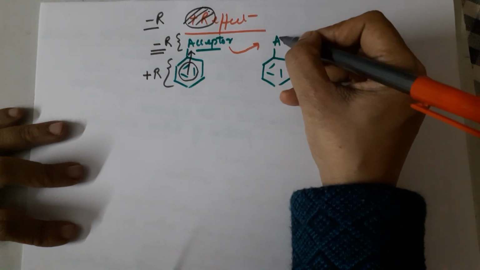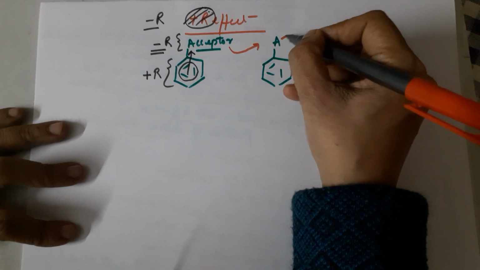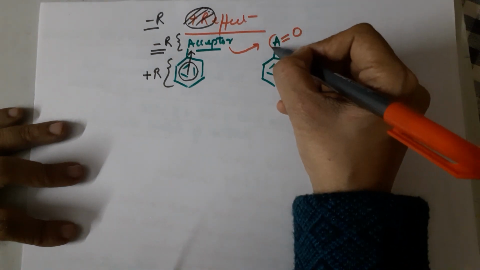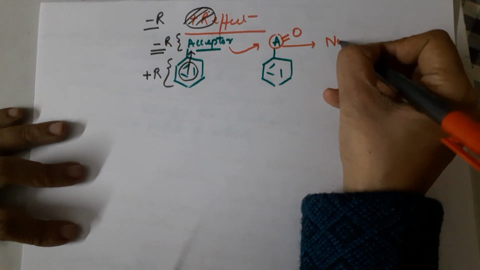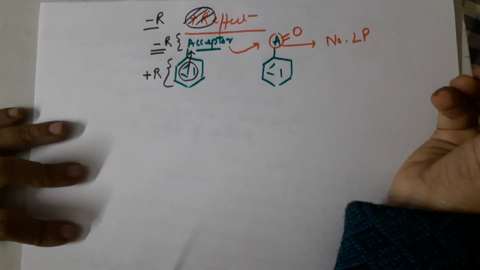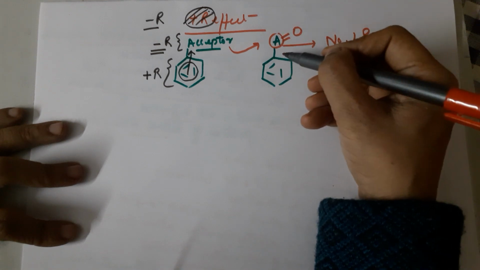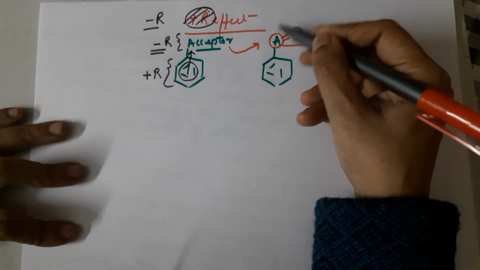It is found that generally this atom, whatsoever the atom is, has a double bond O to it normally, and this A should have no lone pairs on it, because if it has lone pairs, then it would fall under the category of plus R effect, where it would start acting as a donor.